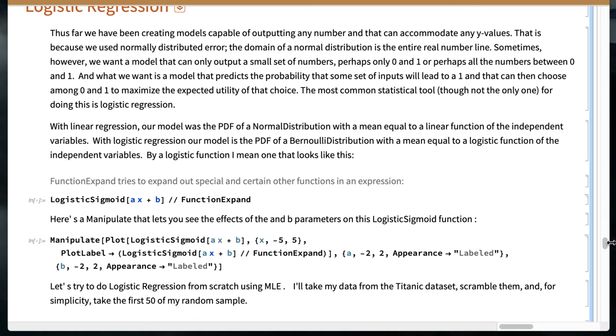But sometimes we want a model that can only output a small set of numbers, not 37.2 or negative 58.3, but only numbers between 0 and 1, or maybe just 0 and 1 itself.